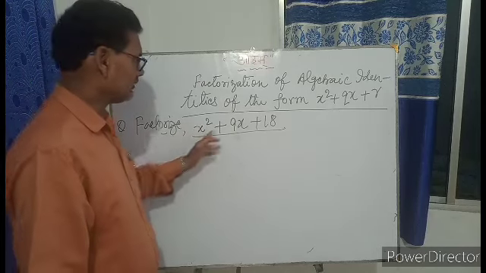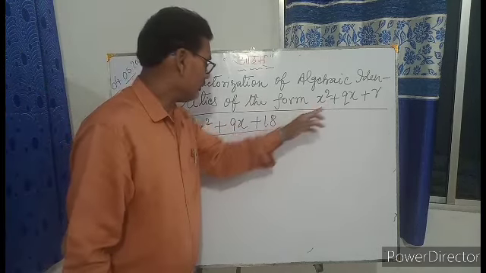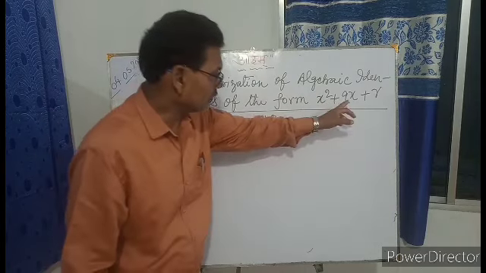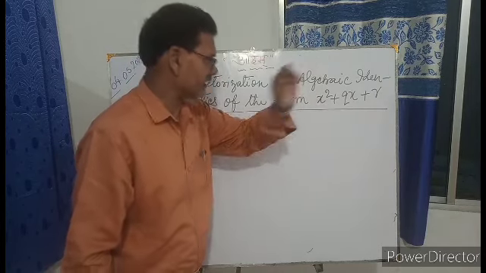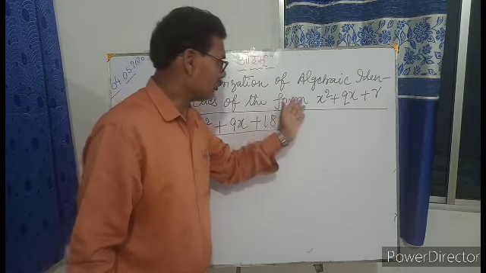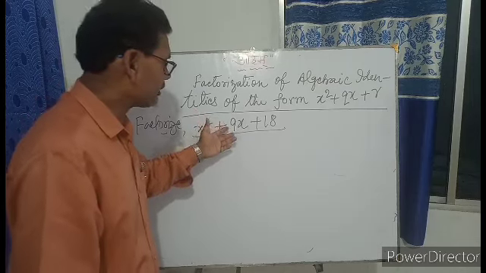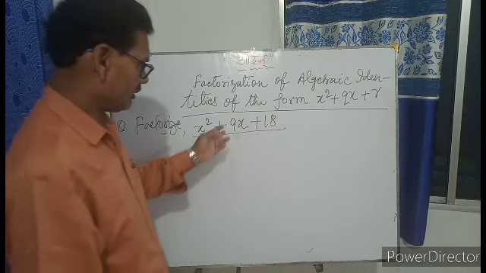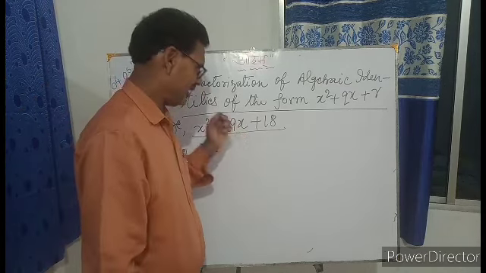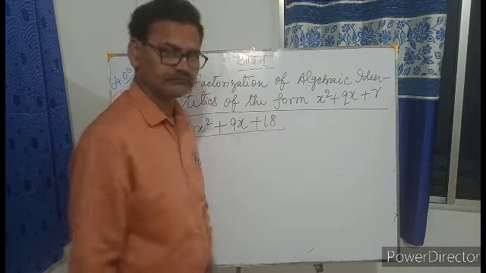Let us see x square, qx. And what is the value of q over here? We are just concentrating on this expression. The standard form of the expression is x square plus qx plus r. What is the value of q over here? It is equal to, you may tell, 9, and r is equal to how much? 18.